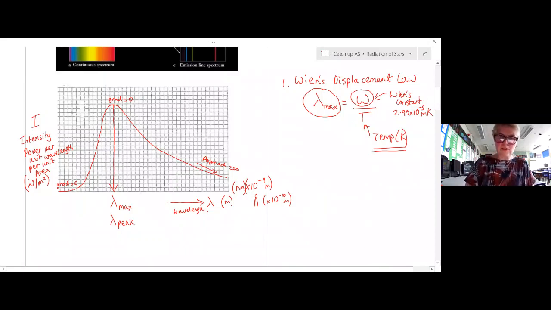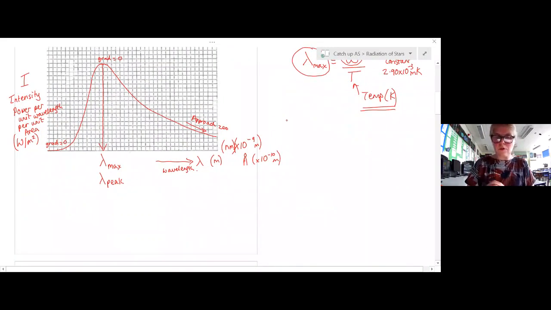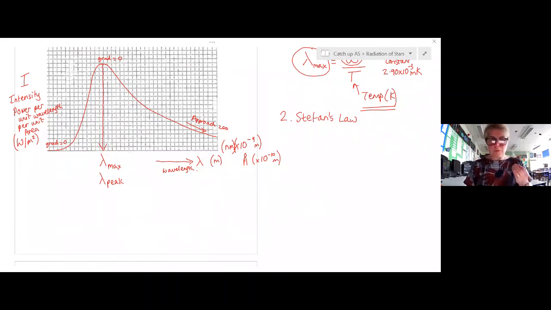The second equation that you will need is Stefan's law. And Stefan's law will work out the size of the star, and we can get that from looking at the intensity and how much is received here on Earth.